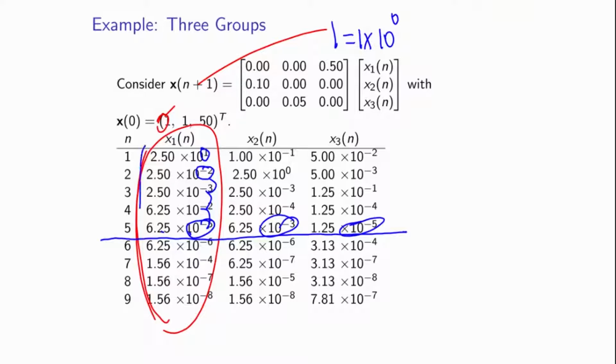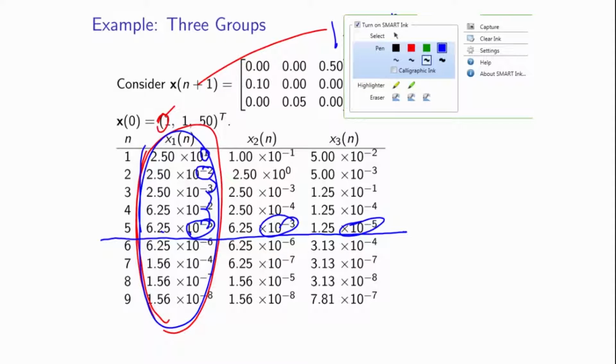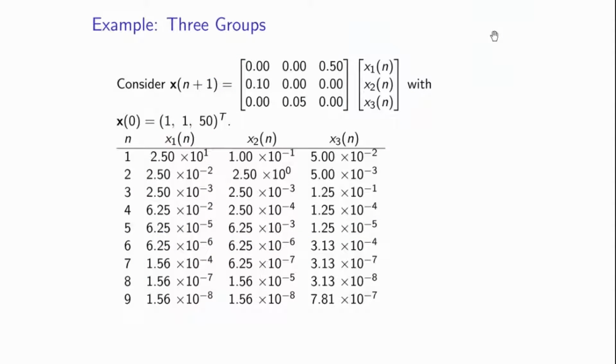So what's happening to each of these sizes, of every group, is that in just a few steps, these quantities all have powers 10 to the minus something: 10 to the minus 5, 10 to the minus 3, 10 to the minus 5, 10 to the minus 6, 10 to the minus 7, minus 8, minus 5, minus 8, minus 8, minus 7.